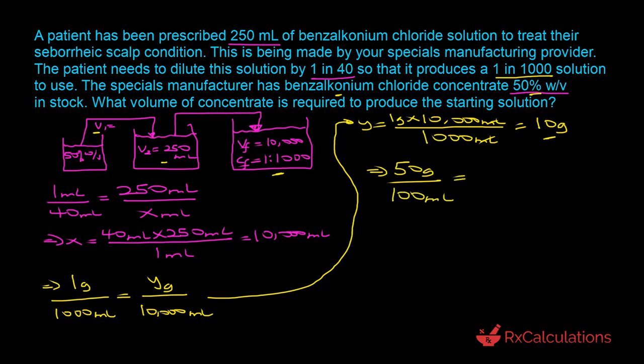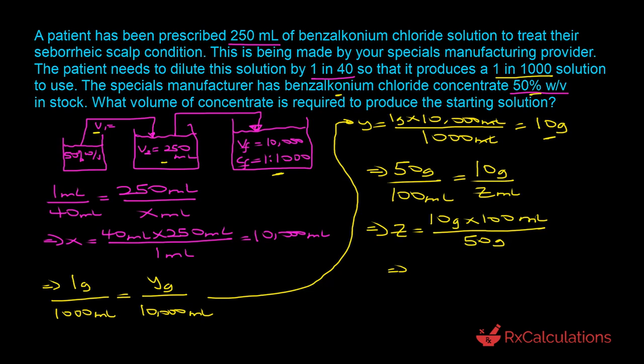And that is going to be equal to the 10 grams divided by some volume. So let's call that Z ml. We can go ahead and solve for the Z, and that will be equal to 10 grams times 100 milliliters divided by 50 grams. That implies that the volume Z is going to be equal to 20 milliliters.